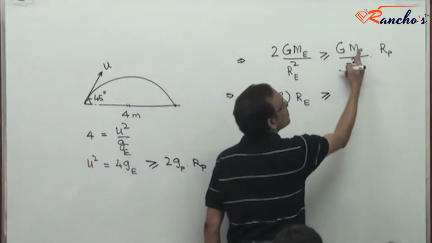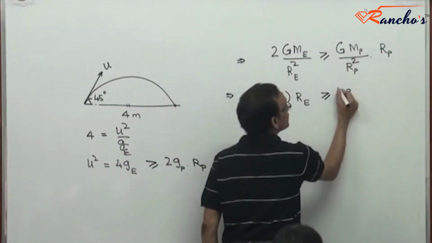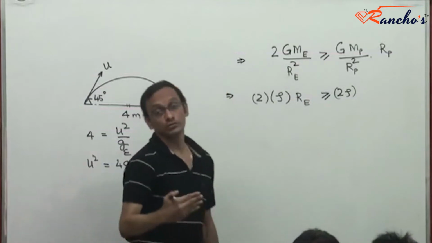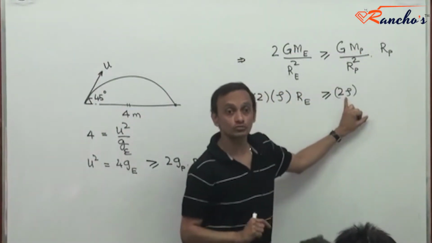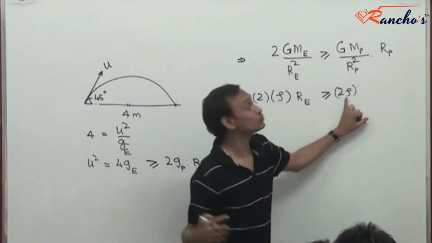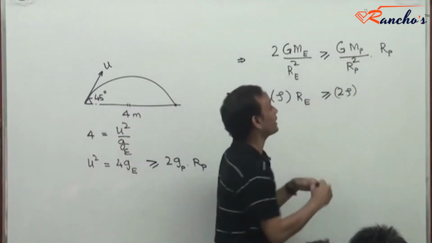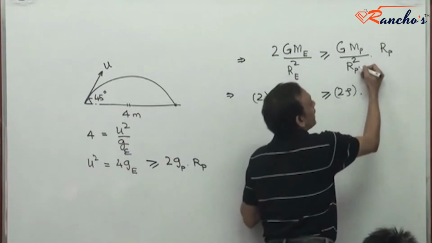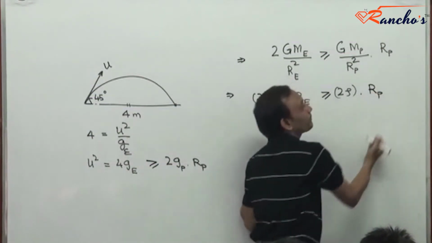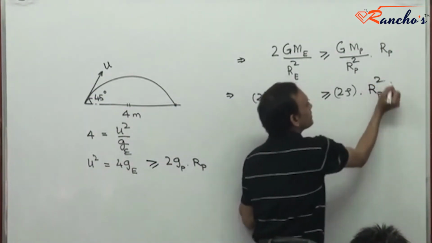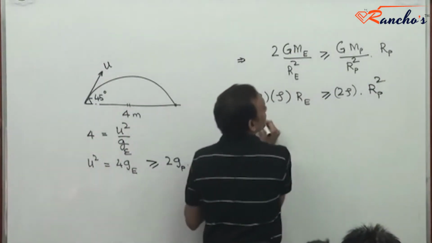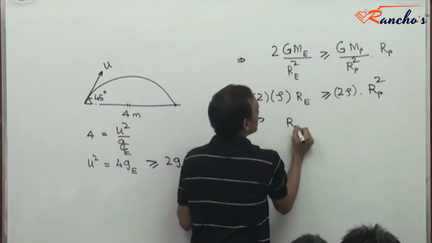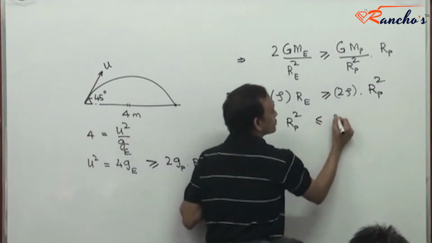Greater than or equal to mass of the planet, proportional to the density of the planet, which is 2 rho, into the cube of the radius of the planet. So Rp cube by Rp squared would give me Rp into Rp, which is Rp squared. Fair enough? So that evidently gives me Rp squared is less than or equal to Re.